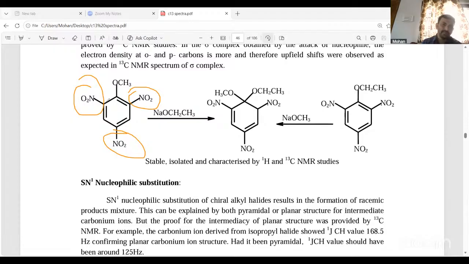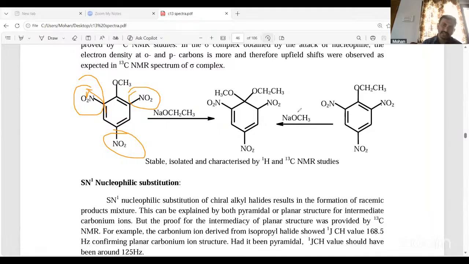They withdraw electrons from the benzene ring, so the benzene becomes electron deficient and behaves as an electrophile.